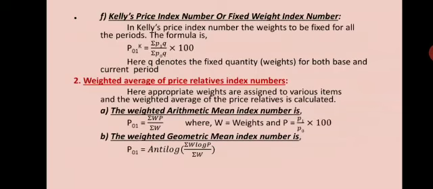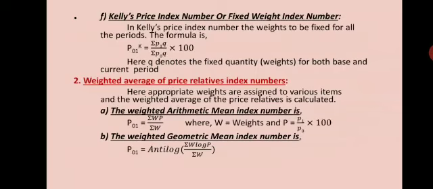In that, the first one is the weighted arithmetic mean index number, that is P01, which is equal to summation WP upon summation W, where W are the weights and P are the price relatives, that is P equals P1 divided by P0 into 100.